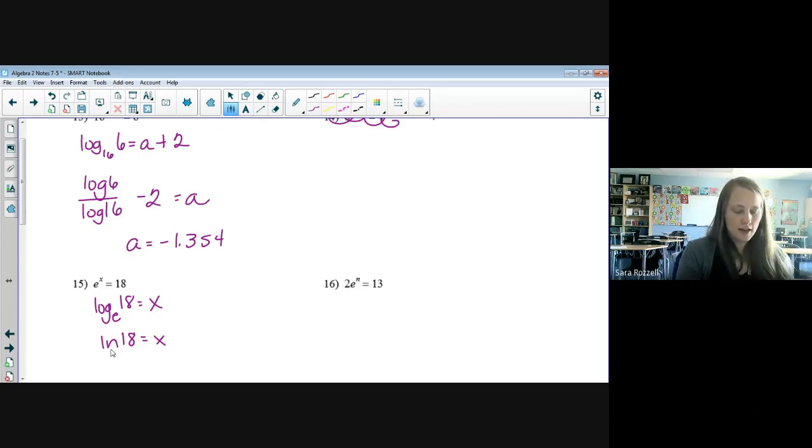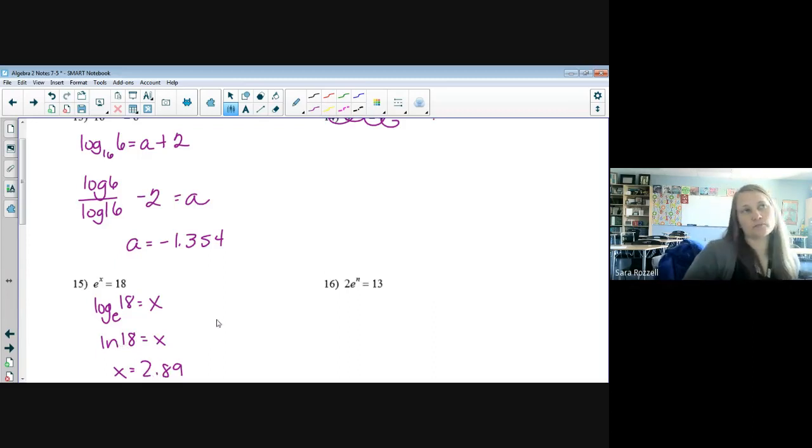So ln of 18, it gives you the answer. So when you see log base e, we can replace it with ln. Occasionally, your answers will be left in ln form, like it might just say x equals natural log of 18, but otherwise it might be also in a decimal.